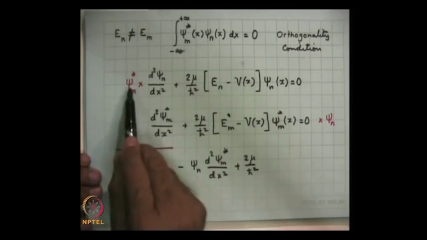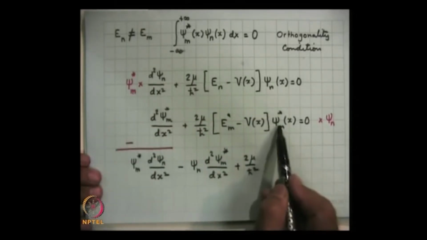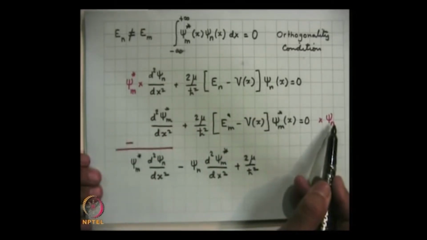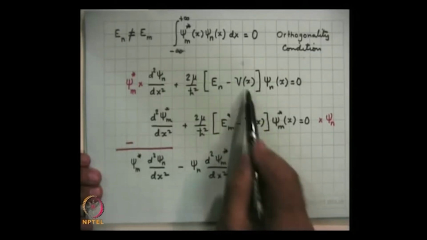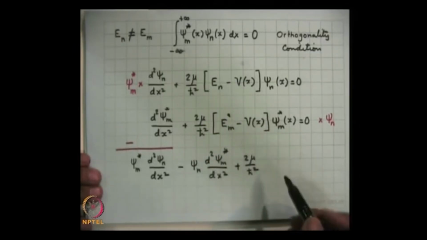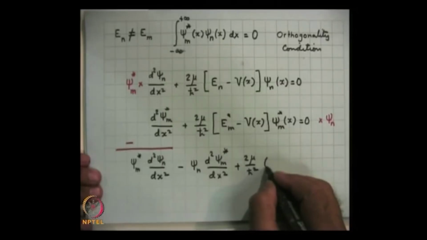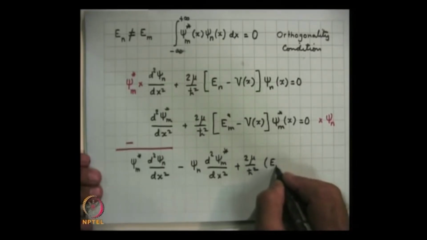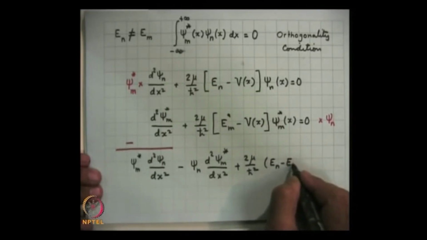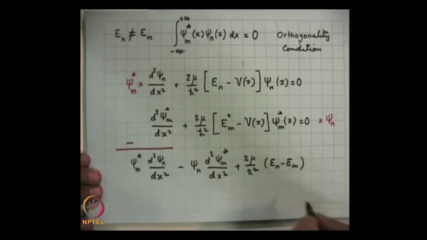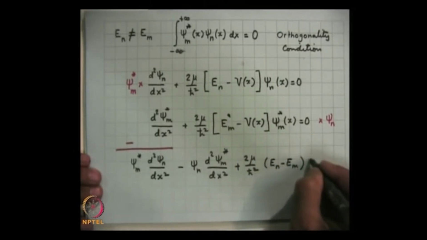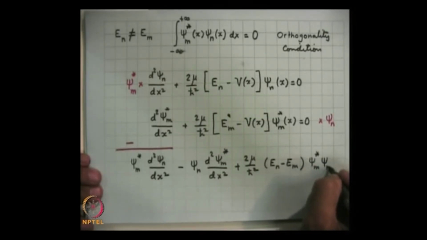Please see this, psi m star psi n, the v and v are the same, so these two terms will cancel out. So, I will be left with E n minus E m, psi m star psi n, equal to 0.